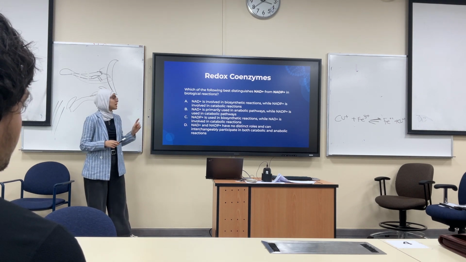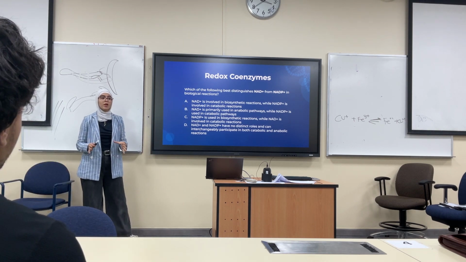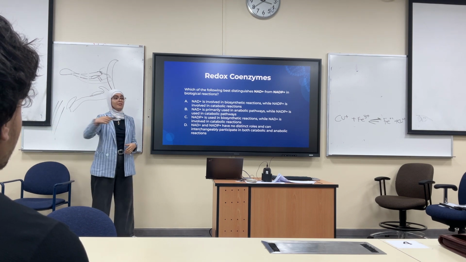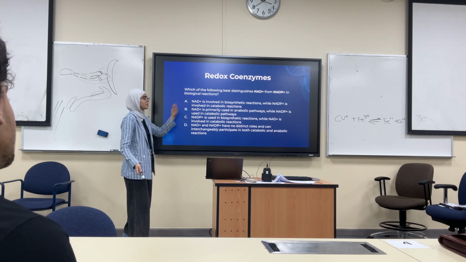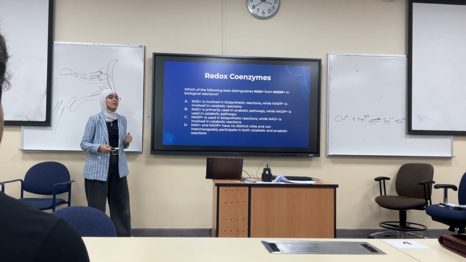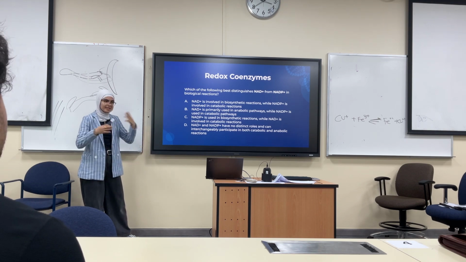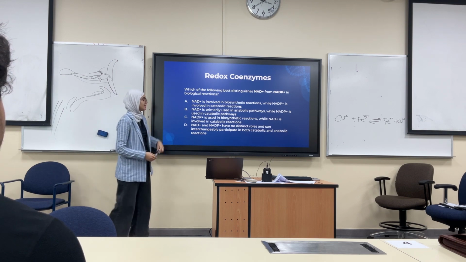No. Because NAD plus is involved in which types of reaction? Catabolic. Can you give me an example? Glycolysis and the Krebs cycle. Citric acid cycle, the TCA cycle, that's where we use NAD+. The NADP, where do we use that? Biosynthesis reactions, anabolic reactions. So what is the correct answer? C in that case is the correct answer.